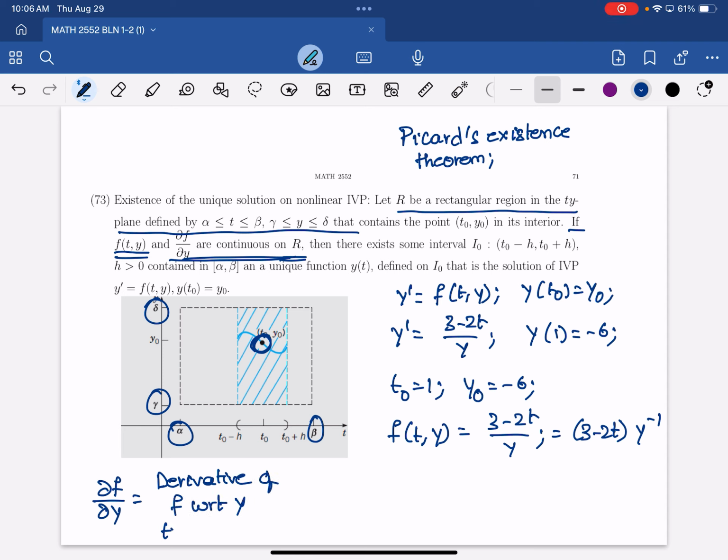So we are treating t as a constant. Very quickly, if you differentiate it, you get negative 1 times (3 minus 2t) times y to the negative 2. So that gives me (2t minus 3) divided by y squared. So again, this is my partial f partial y. Is that clear?